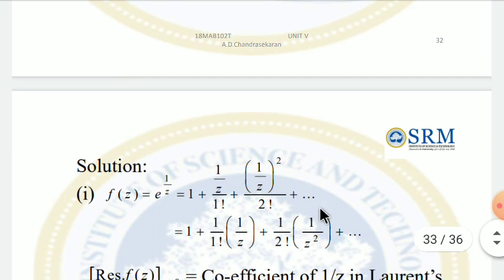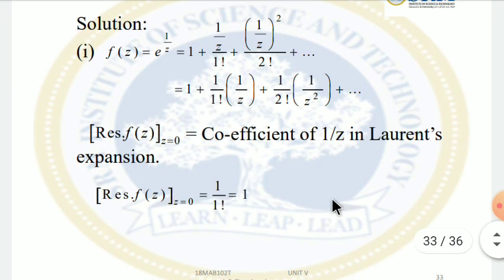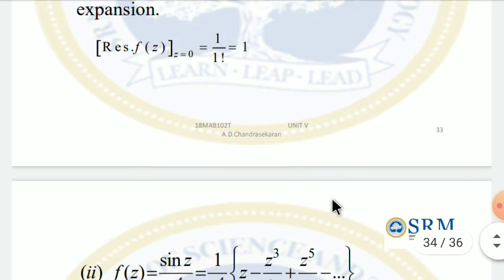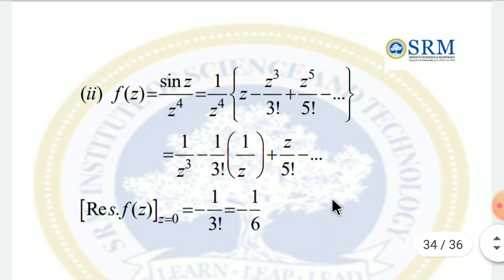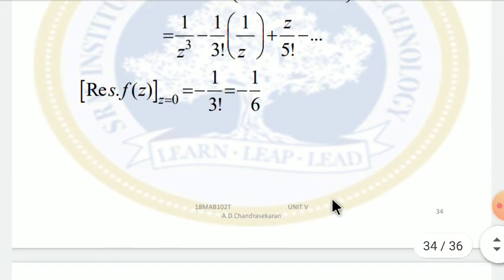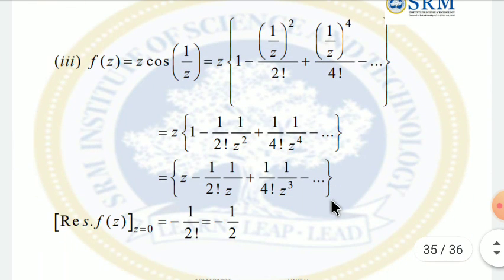With the help of residue, we are going to establish a theorem, Cauchy's residue theorem. Let us see it in a separate video lecture of Cauchy's residue theorem and its applications.